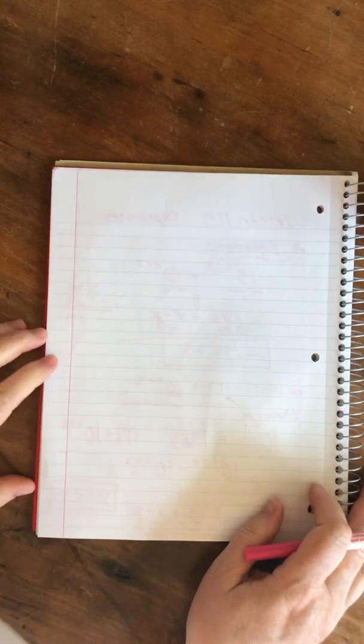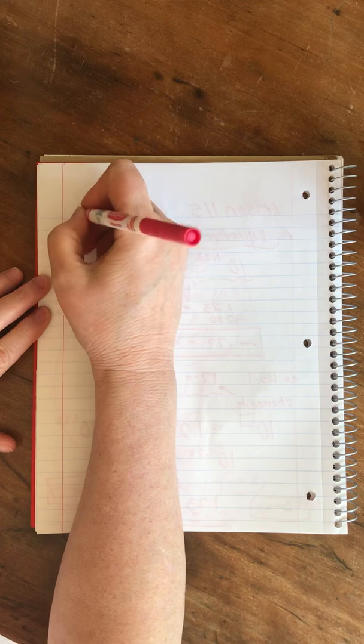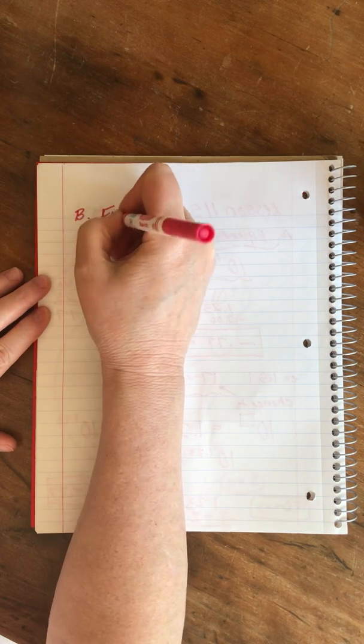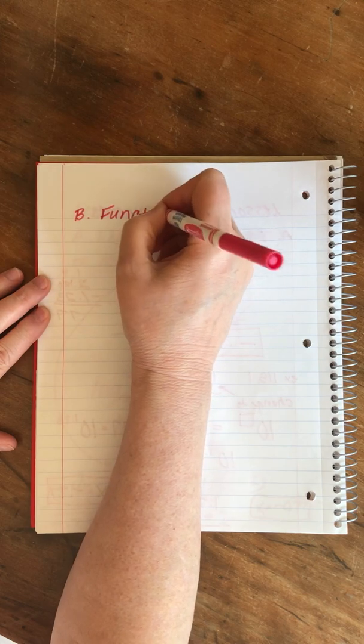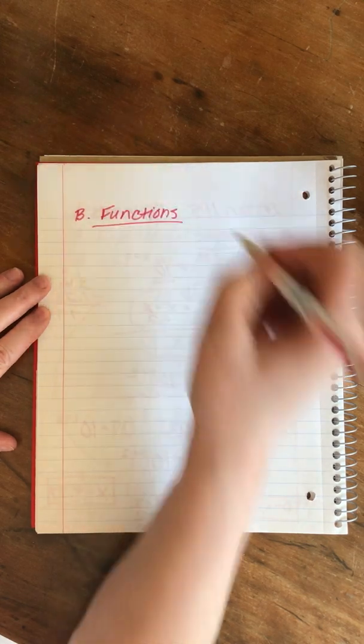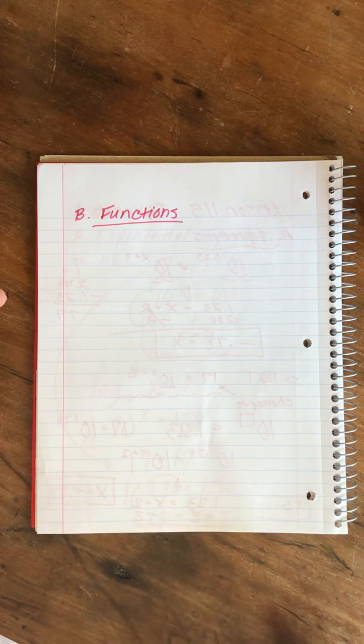Oh, let me tell you. Now we're going to talk about exponential functions. This whole chapter is about exponents. These are the functions. Now, we are living in an exponential function right now.